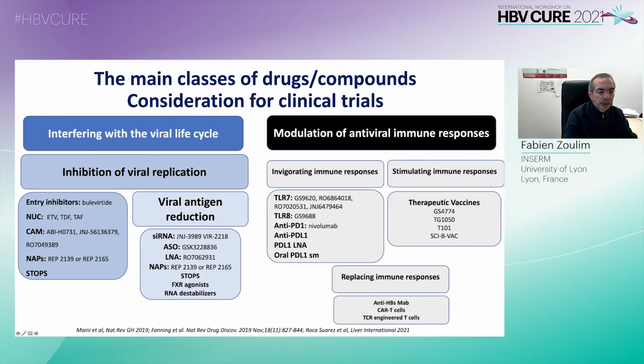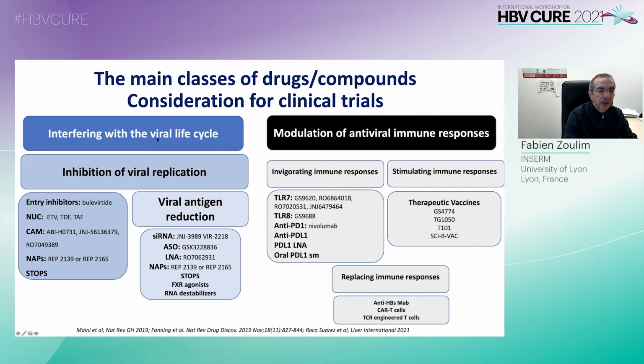As you all know, the field of drug discovery has made a lot of progress for the therapy of chronic hepatitis B. And we have now many assets that belong to different classes of drugs and compounds, based on their mode of action, that should be considered for clinical trials.